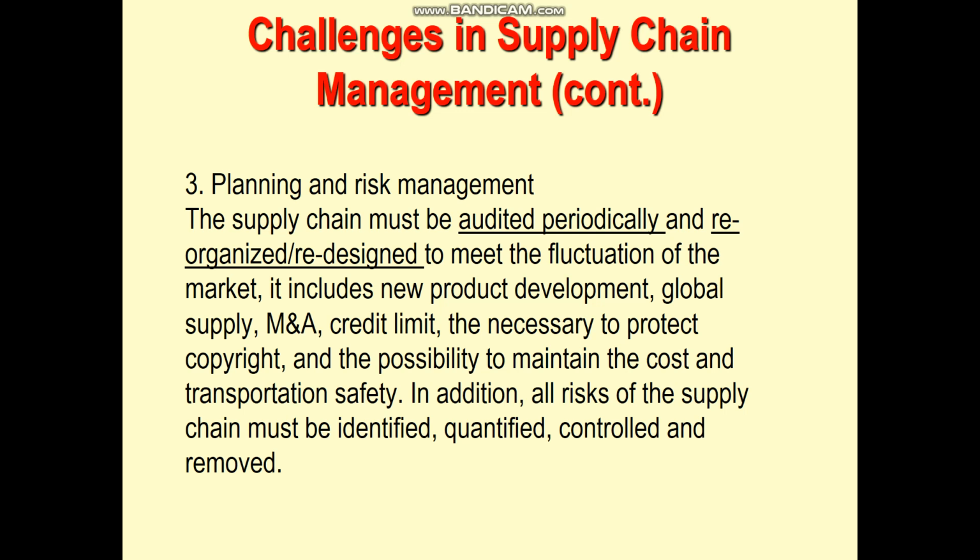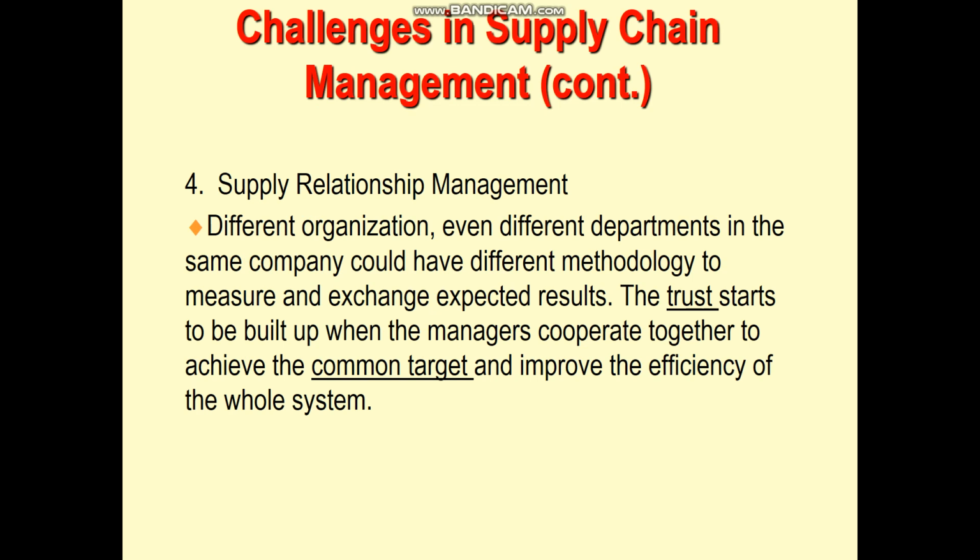Then we have to reorganize or redesign the supply chain so that we can improve it. Then we can optimize the supply chain. Okay, and the fourth one is that we have to manage the supply relationship.